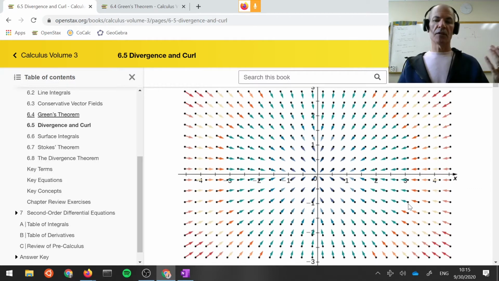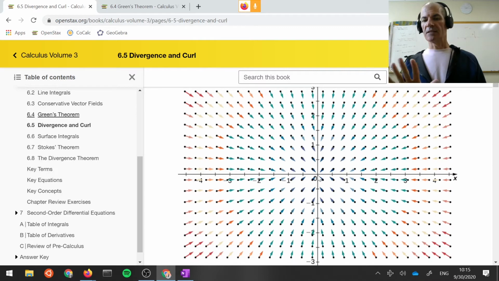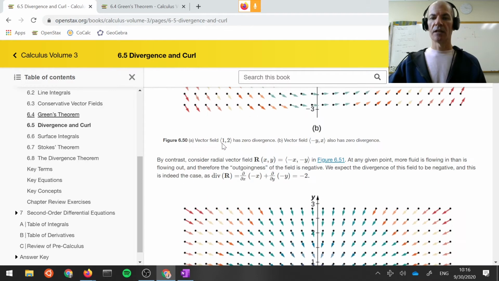If it's positive, then there's a net flow away from the point. If it's negative, there's a net flow in. The only place it's completely obvious is right here, when all the arrows are pointing in to that single point. So that's the only place I can definitively say that the divergence is going to be negative. Everywhere else, it's really just a balancing act and figuring out what the net flow is.